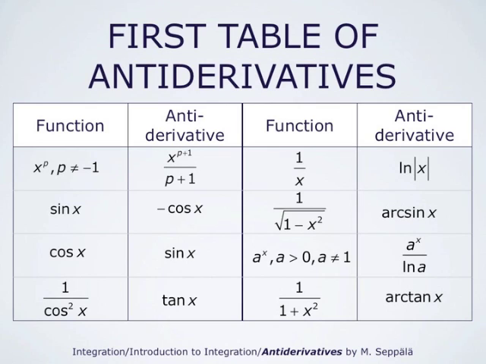If a equals e, the basis of a natural logarithm, then for the exponential function e to the power x, antiderivative is also e to the power x, a special antiderivative. And for the function 1 over 1 plus x squared, an antiderivative is arctangent of x. These formulas one must remember by heart.